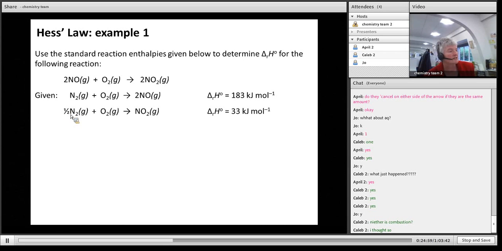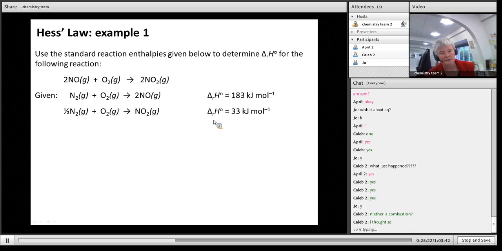But this one is the heat of formation of NO2, because I've got one NO2 on the right hand side and I've got the elements on the left hand side in their standard states. But as I say, if you don't know what a heat of formation and a heat of combustion are, they're always delta RH anyway.